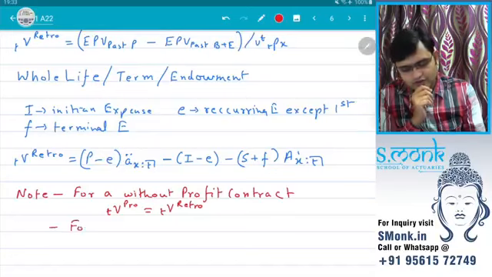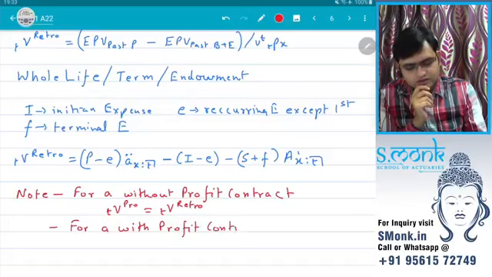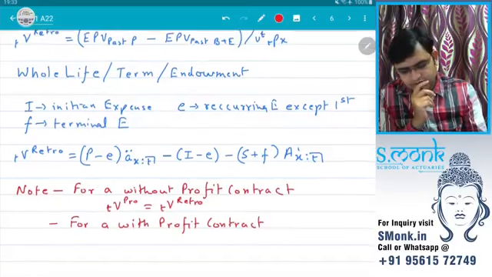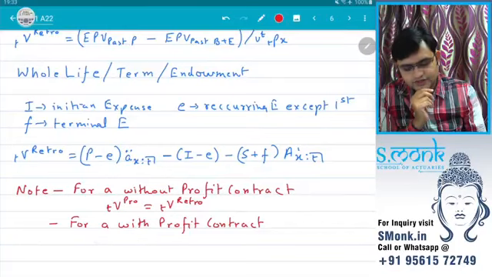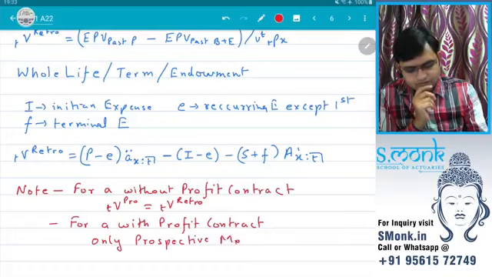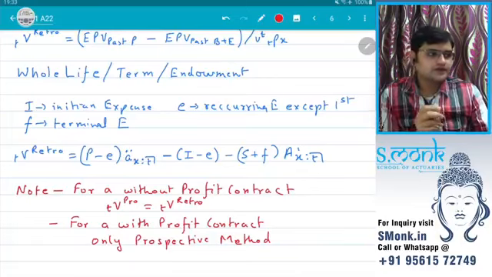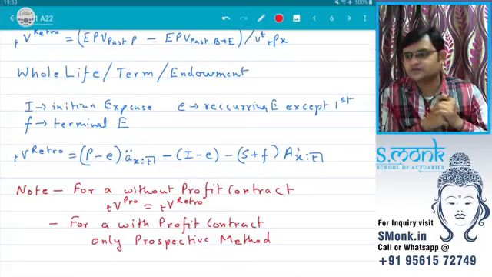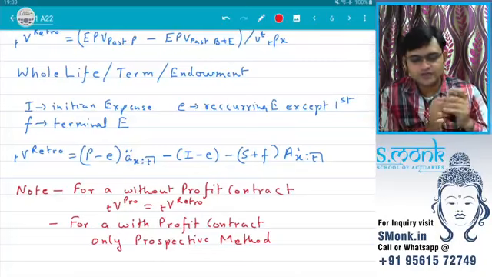Whereas for a with profit contract, we will be using only prospective method. We'll not be using retrospective method.